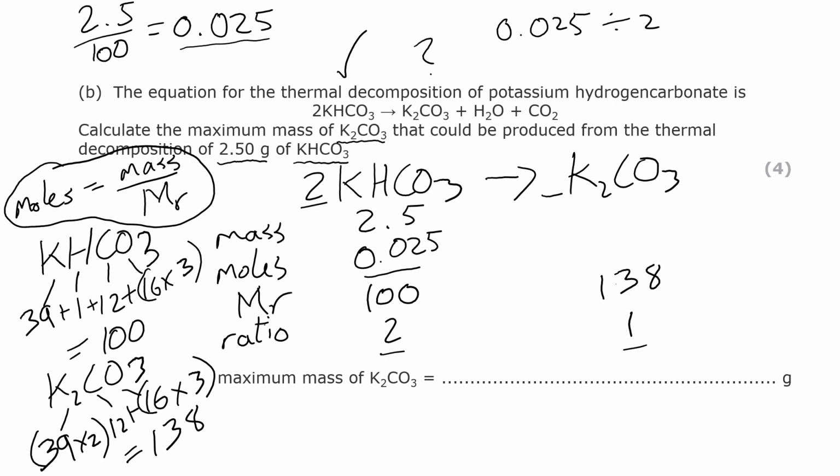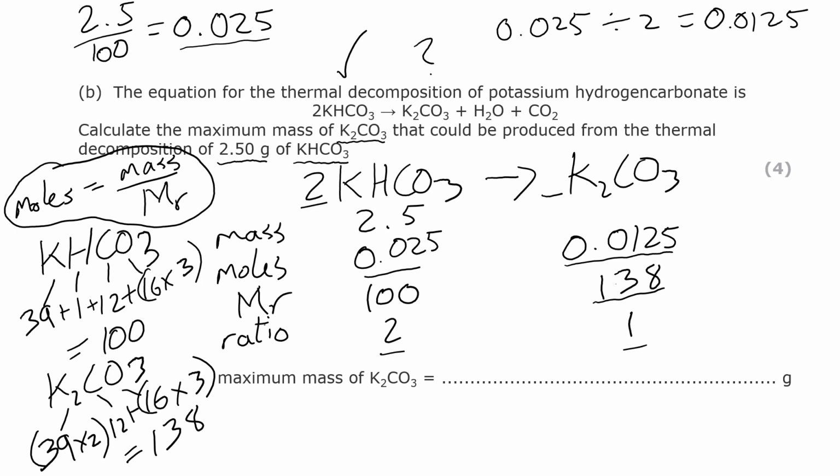So 0.025 divided by 2 equals 0.0125. And that's how many moles of K2CO3 that we're going to make.